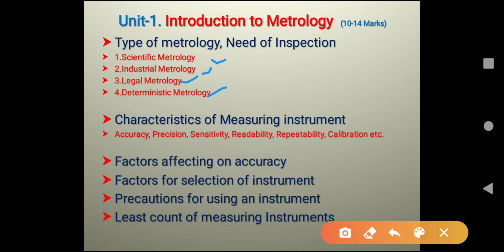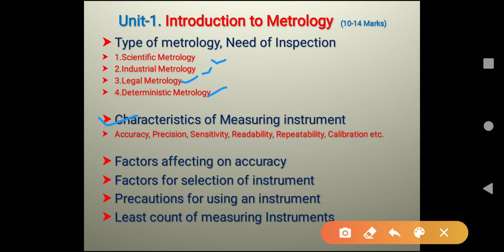Next point, we have seen the characteristics of measuring instruments in the previous lecture, that is accuracy, precision, sensitivity, reliability, repeatability, calibration. We have already seen the difference between accuracy and precision.